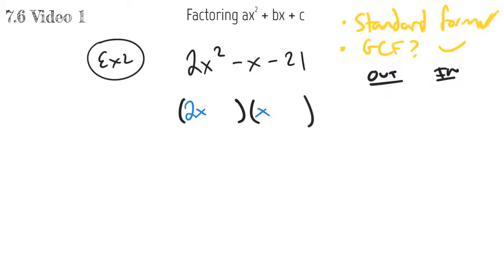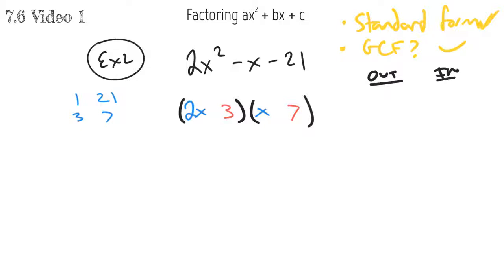So 1 and 21, 3 and 7. Those are my choices. Let's try 3 and 7 first. You can put them in either spot. Now, I know I need to multiply to negative 21, so one's going to have to be positive, one's going to have to be negative. I don't know which is which, but I can choose that later.